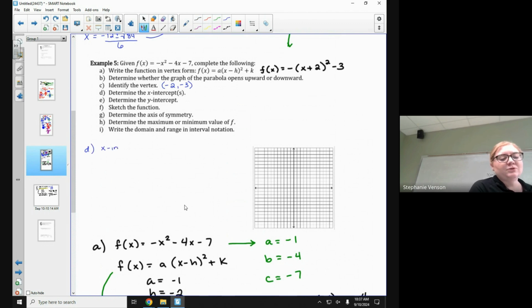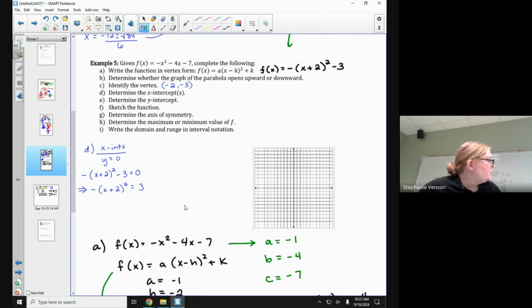Now this time, I'm just going to show you, you would get the same answer either way, but I'm going to show you that you can use the vertex form if you want. So negative, open parentheses, x plus 2 squared minus 3 equals 0. Add 3 to both sides, you get negative, open parentheses, x plus 2 squared equals 3.